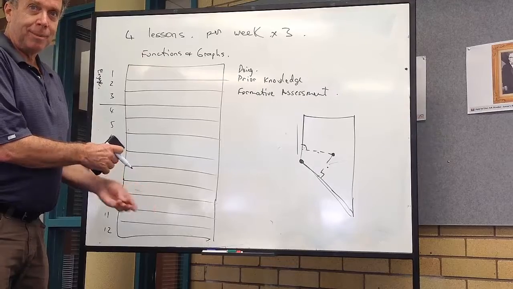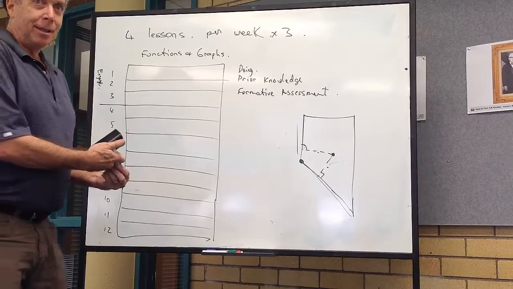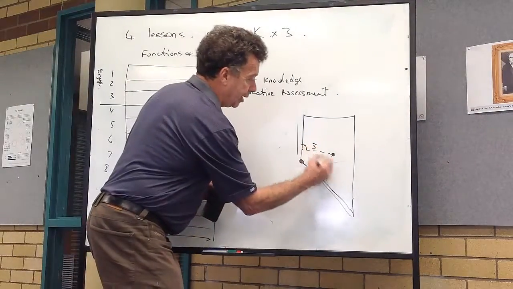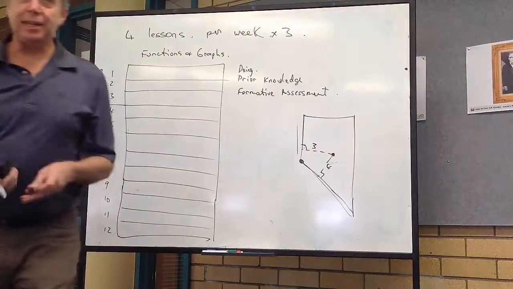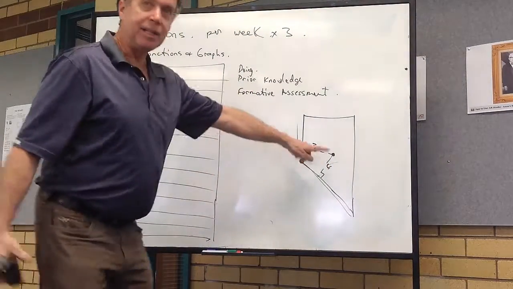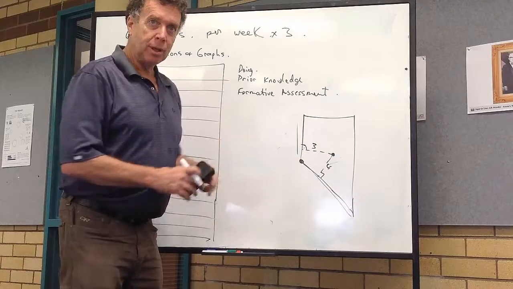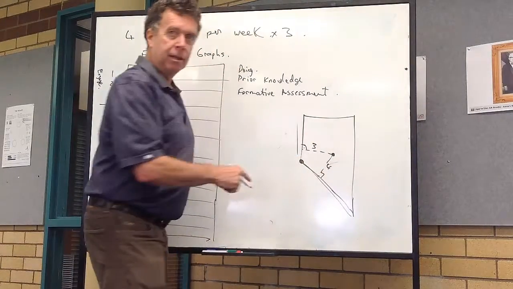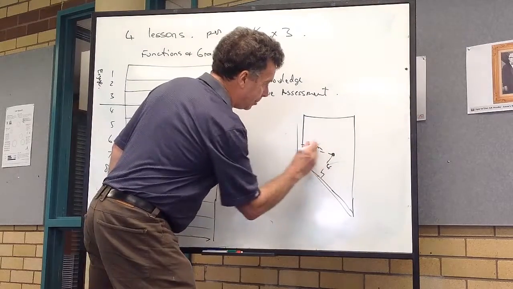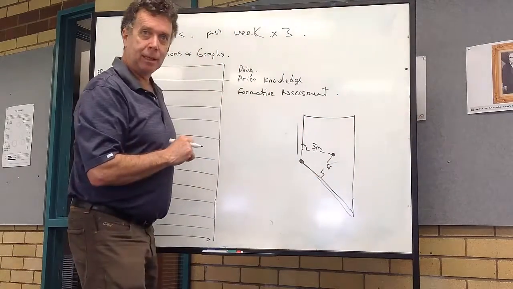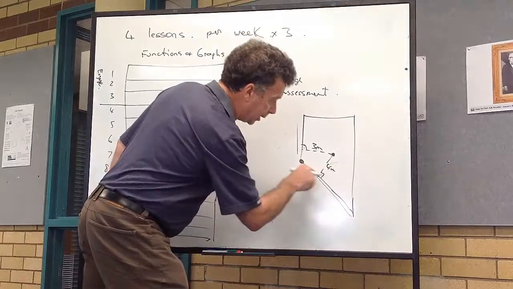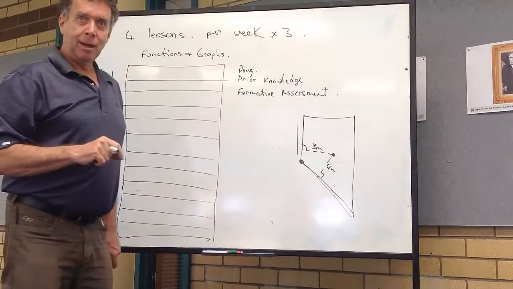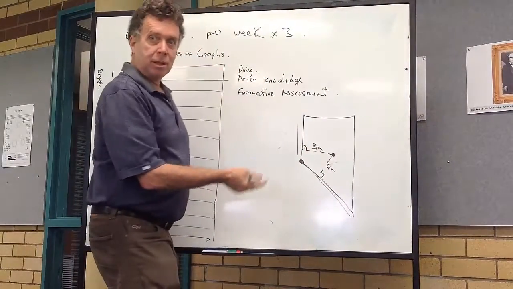Maybe. Probably could. Yeah. So if that was 3 and that was 4, does that uniquely identify that one point? Is there anywhere else in that paddock which is 3 metres away from that one and 4 metres away from that one? No, there's not. There's only the one.